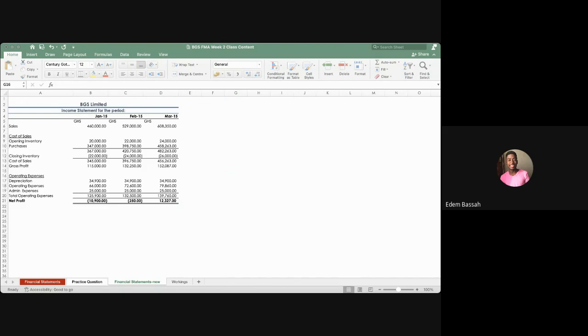I know that when an asset depreciates, its value reduces. Correct. But you also said something about the accountant's version of depreciation. What do accountants aim to do when they are calculating depreciation? No. Okay.